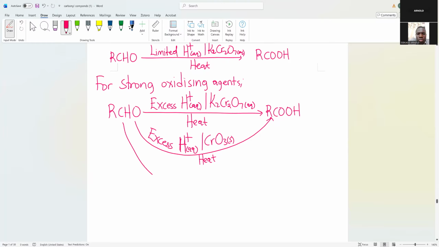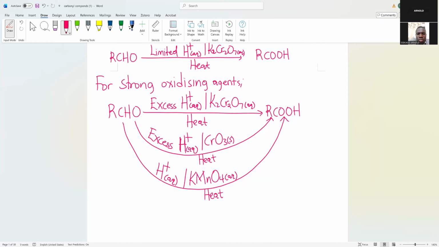Also if you have acidified potassium manganate 7 solution, heat, this is still okay. Now, in some books, you will not find that K there. It is still fine.